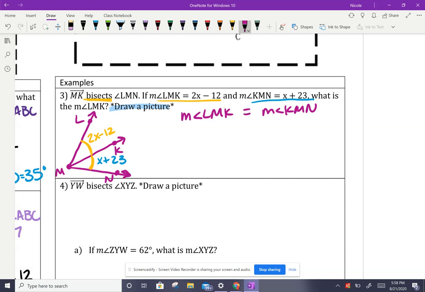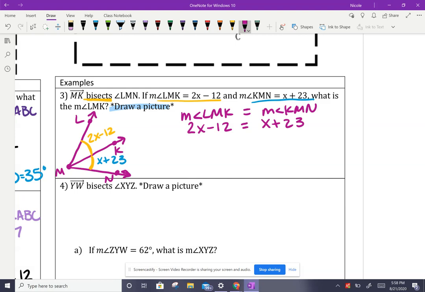I can say that they are equal. So since they are equal, what can I do with these two expressions, the 2x minus 12 and the x plus 23? If the angles are equal to each other, those expressions are equal as well. So I'm going to take that 2x minus 12 and set it equal to x plus 23.